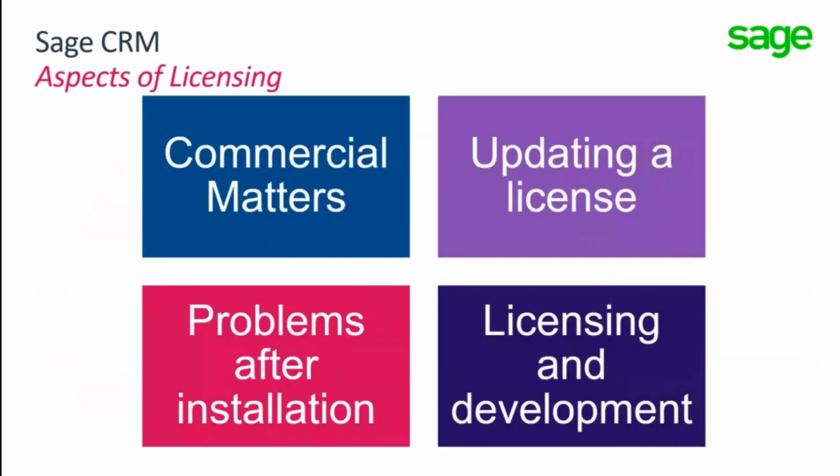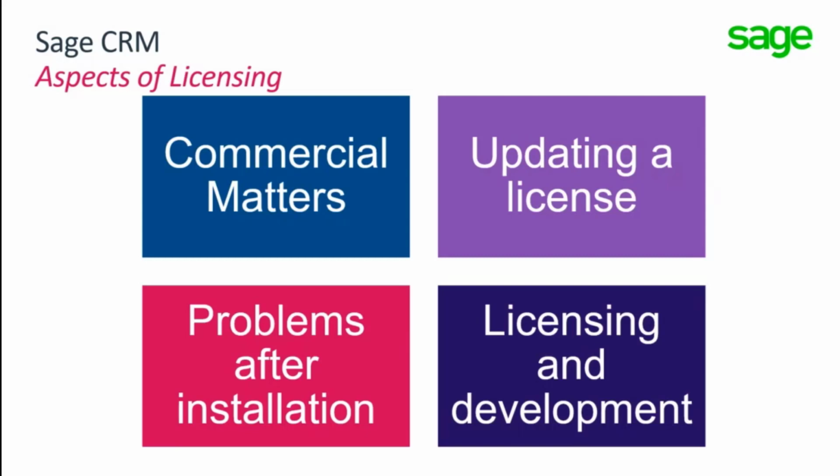Okay, we've covered in this session, and it's been a little bit longer than normal sessions, commercial matters. We've thought through that really how licenses work are down to the choices that individual operating companies within the Sage group make in their territories.